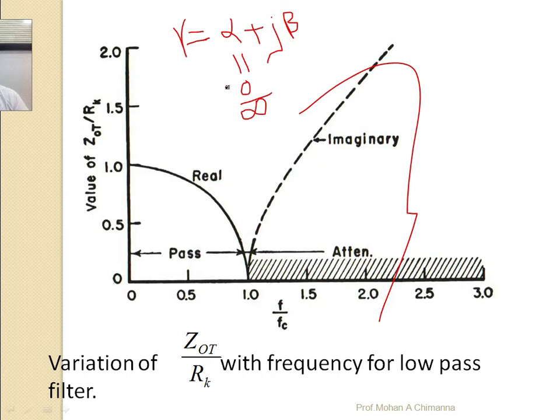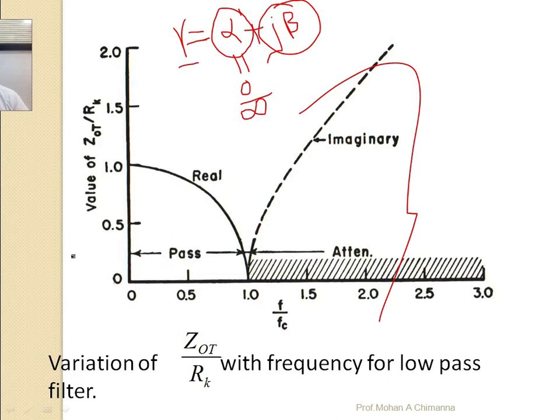So the operation of the filter is decided by the parameters alpha as well as the phase constant beta. The propagation constant gamma is the combination of two parts: one is the real part and the second is the imaginary part, the phase constant.